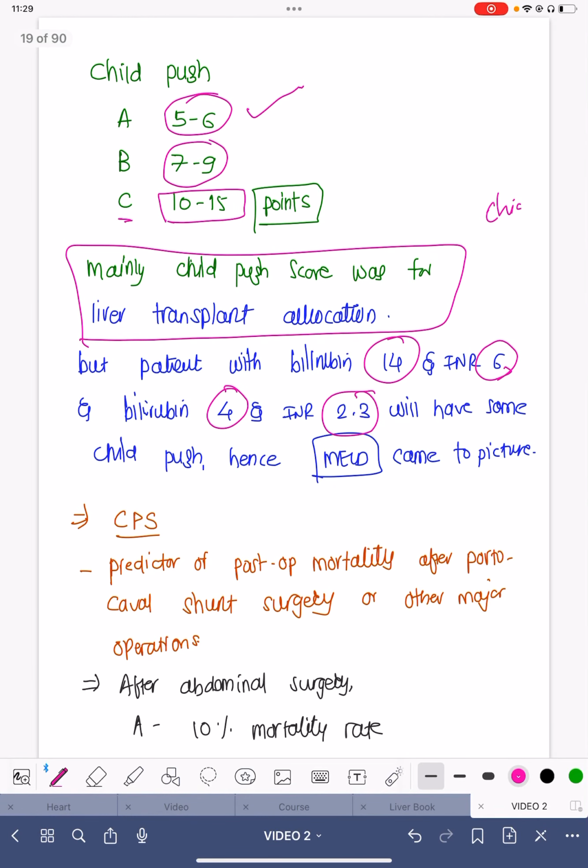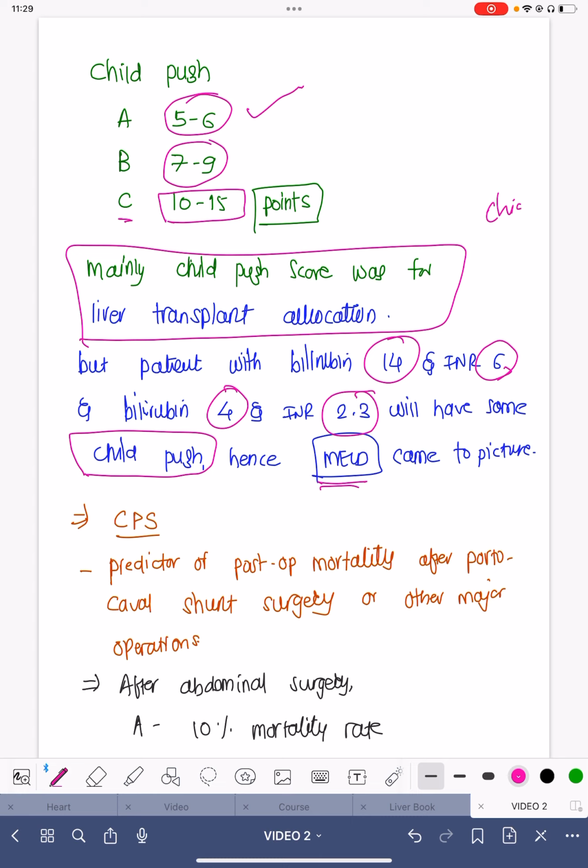So both the patients will have same Child-Pugh score, but they may have significant change in their liver capability. So this was one of the limitations of Child-Pugh score. That was the reason the MELD score came into the picture.